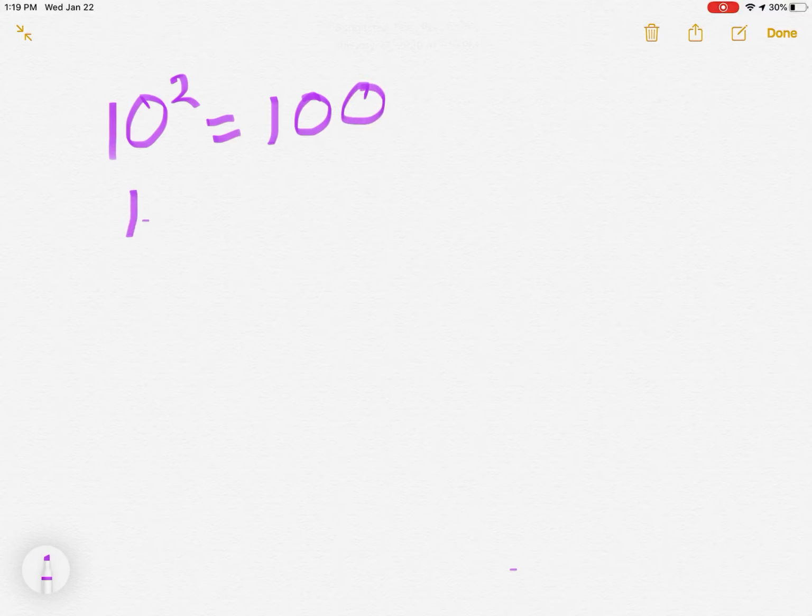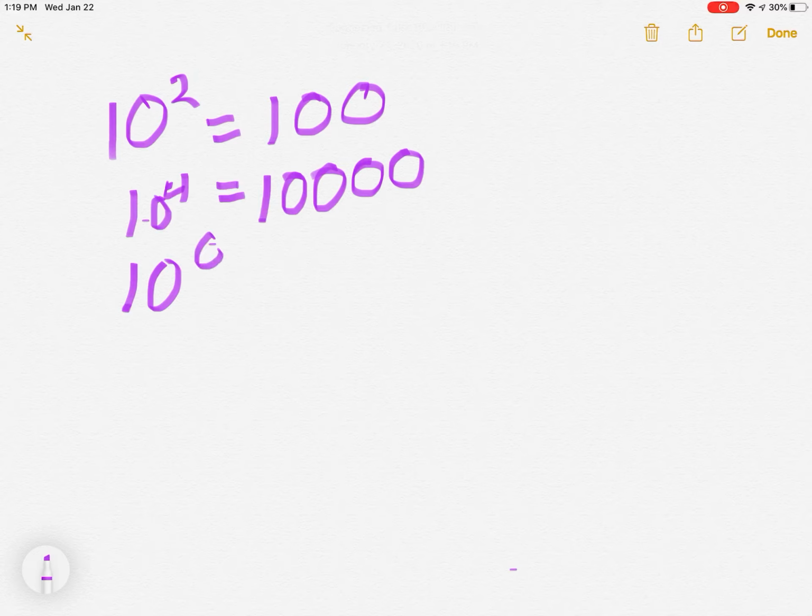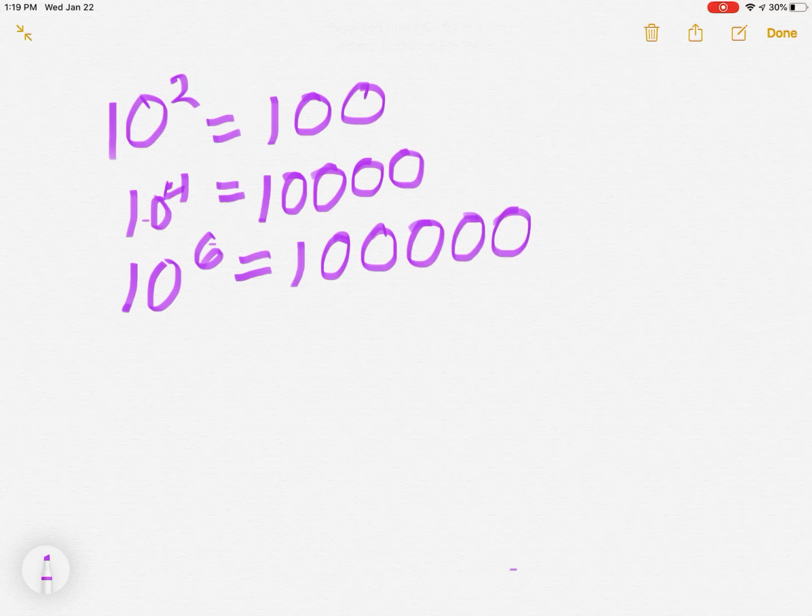If you have 10 to the fourth power, you just add the 1 and then 1, 2, 3, 4. You have 10 to the sixth power is just 1 and then 1, 2, 3, 4, 5, 6. However many zeros there are.